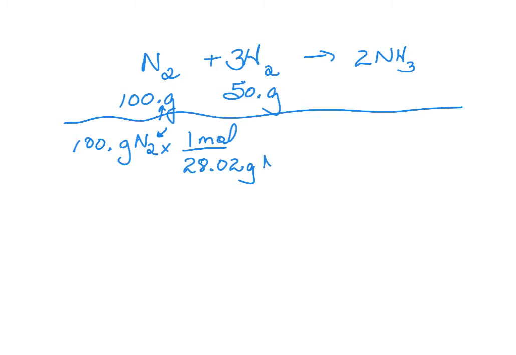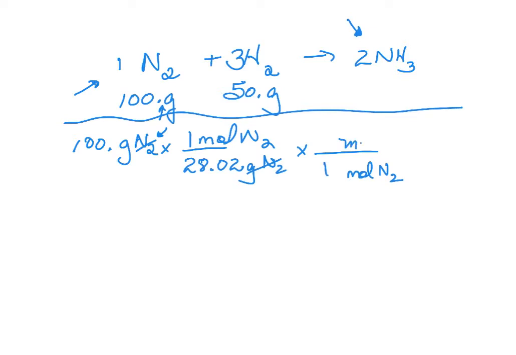All right, so now that would give me moles of nitrogen. Now I'm going to use the mole ratio to get to the product. Remember, I'm trying to figure out which of these reactants makes the least amount of product. So I'm going to put moles of N2 in the denominator so it cancels. And I know from the balanced reaction there's a 1 in front of that.